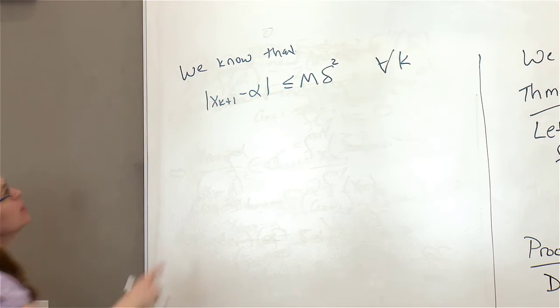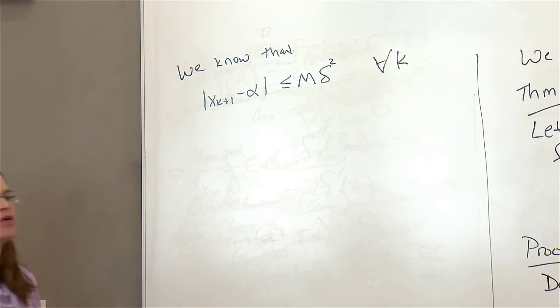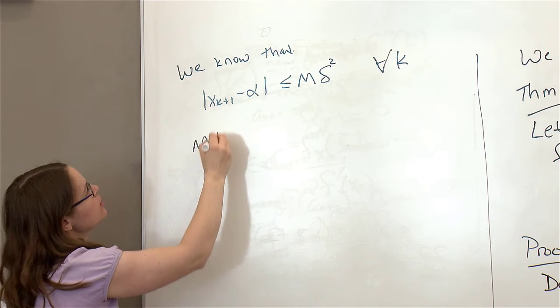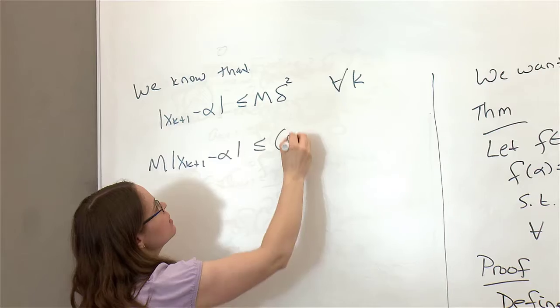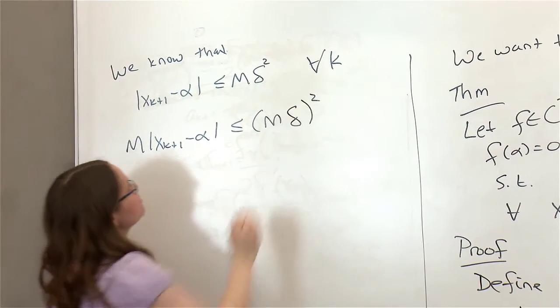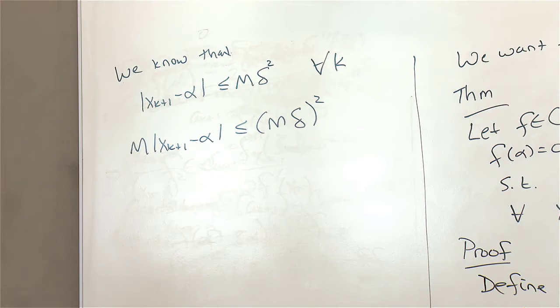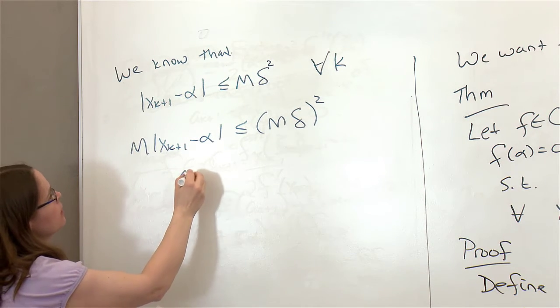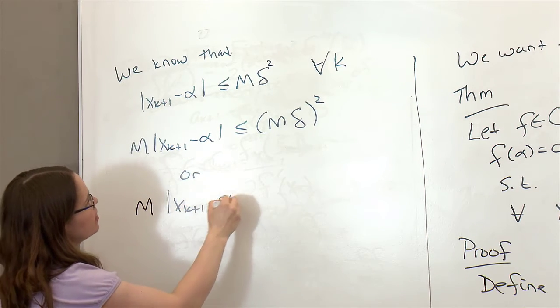Okay, I'm going to multiply both sides of this by another m, just to have a little bit of symmetry here. You don't have to do this. So I have m times xk plus 1 minus alpha.